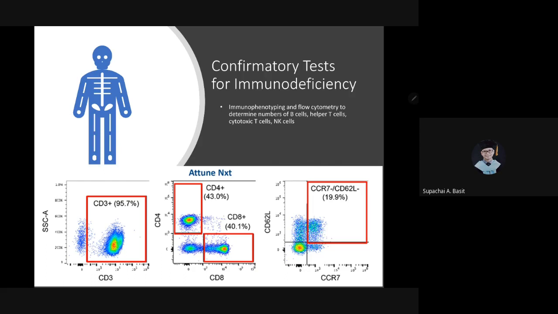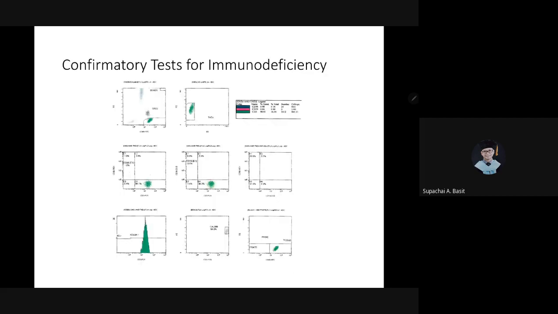However, for confirmatory tests, we might want to study a particular marker of a certain cell. We can do immunophenotyping or flow cytometry to determine the levels of B cells, T helper cells, cytotoxic T cells, and even natural killer cells.